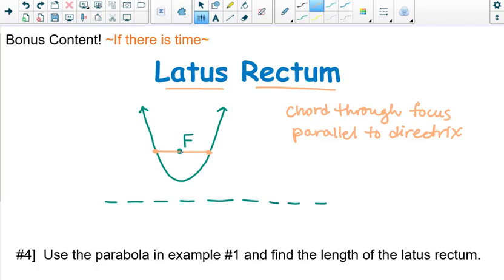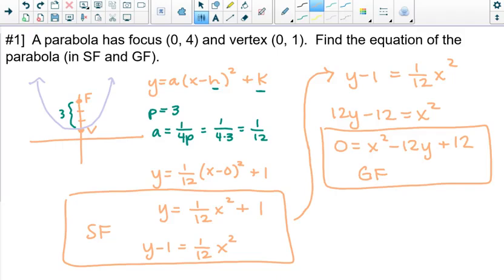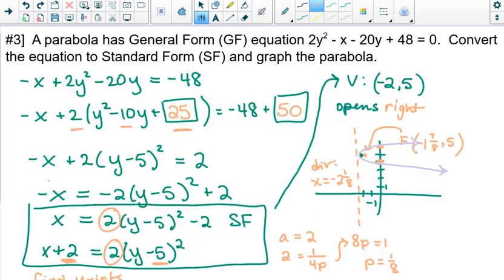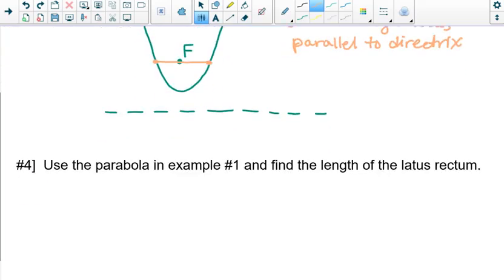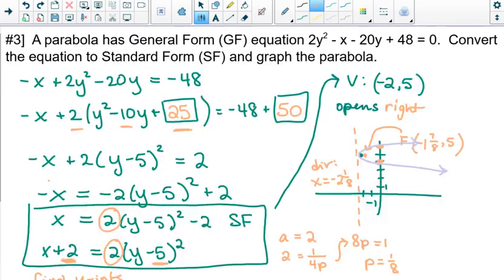Example number 4. Use the parabola in example 1 and find the length of the lattice rectum. So let's go back to example 1. y equals 1/12 x squared plus 1. And what did we know about it?